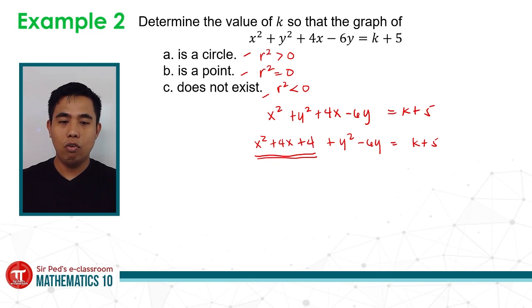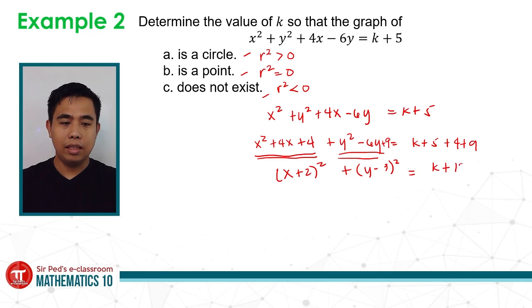So that is 4. We must also add 4 on the right side of the equation. What must be added to y squared minus 6y to make it a perfect square trinomial? So that is equal to 9, so plus 9. So we can write this as (x plus 2) squared plus (y minus 3) squared, which is equal to k plus 18.